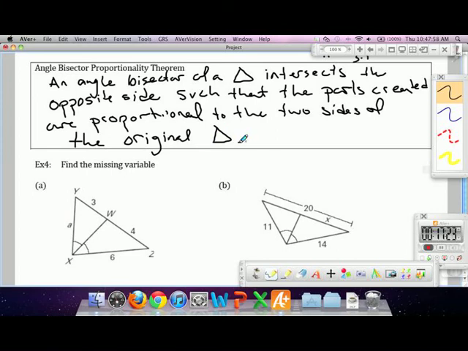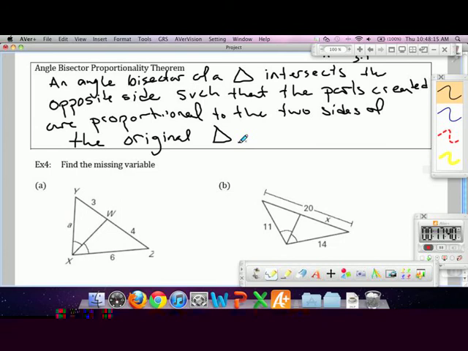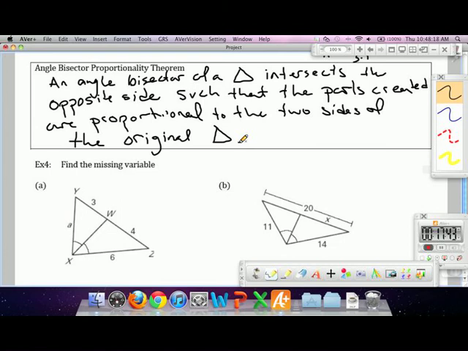So a good picture of this would be like example 4, part A. Here I have a triangle with an angle bisector drawn. Notice that I know it's an angle bisector because segment XW breaks angle XYZ into two equal parts. This is forced to be an angle bisector. According to this theorem, the two segments that are created of this side of the triangle are proportional to the two original other sides.